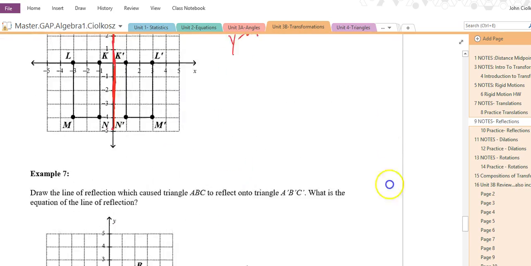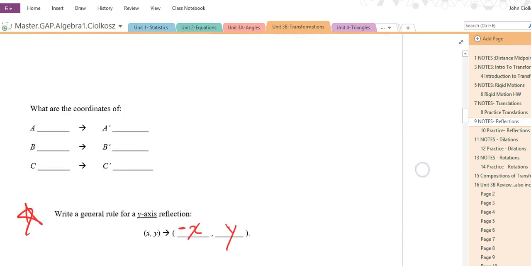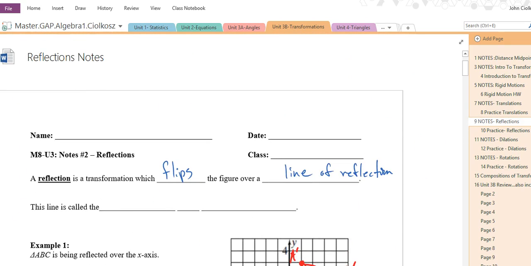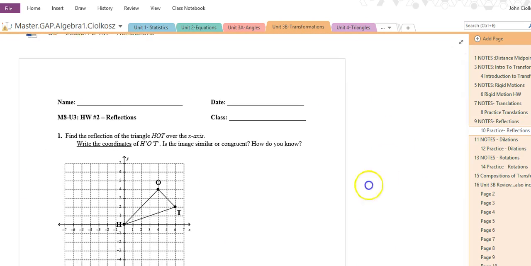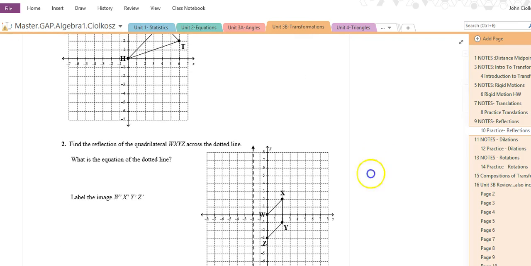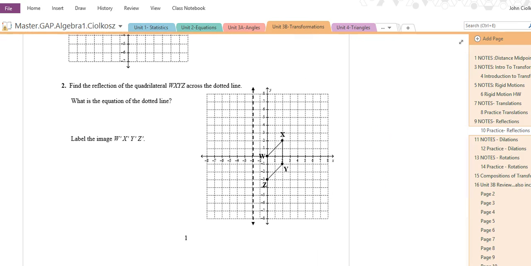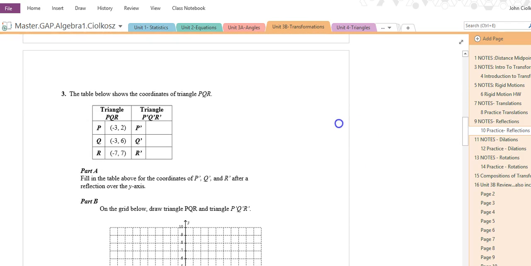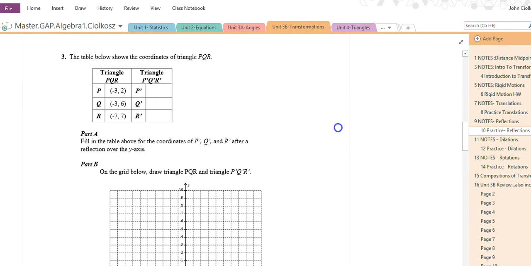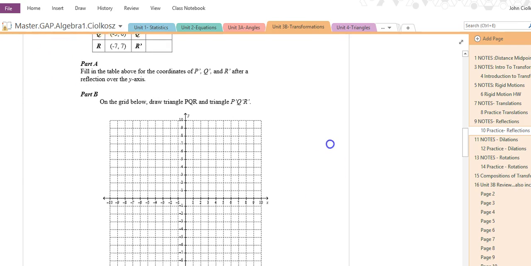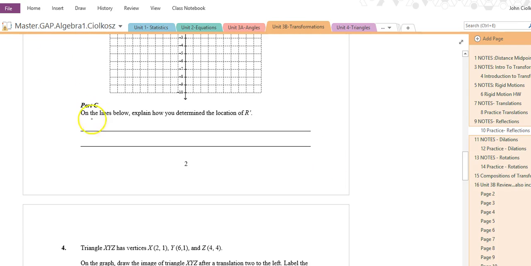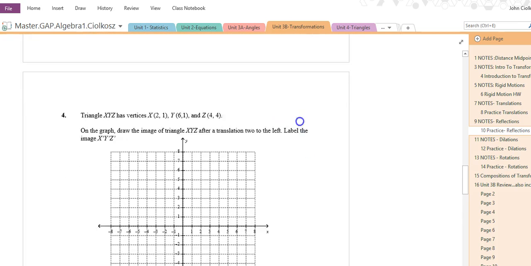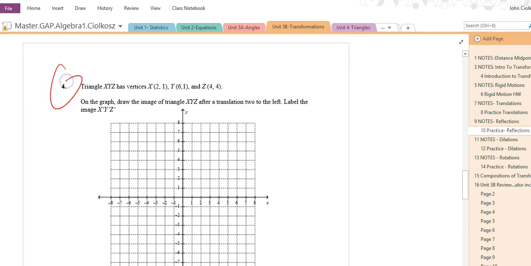And we go and skip over these. Once you've completed notes 9, I want you to go on to practice here, number 10. Let's do these problems.